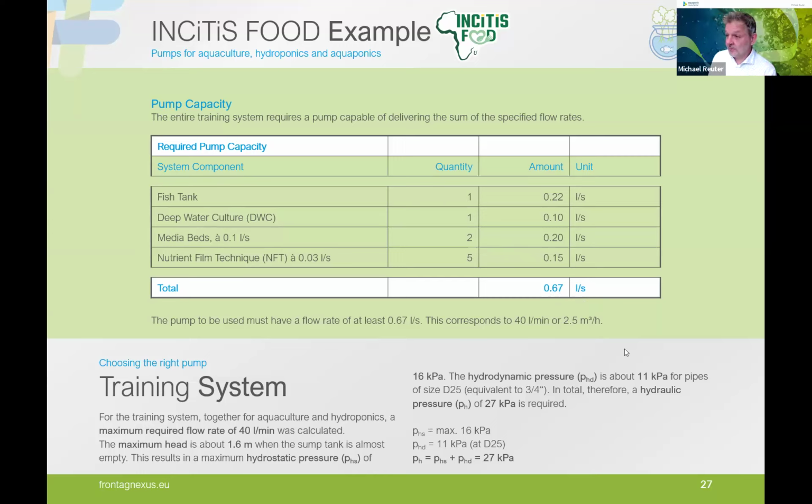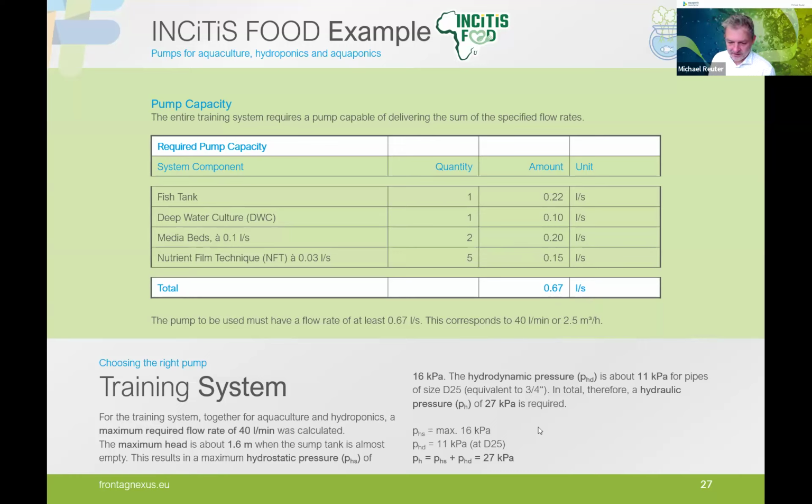And we planned our training system first with a D25 millimeter piping system that is equivalent to 3/4 inch, and calculated the hydraulic pressure for that.